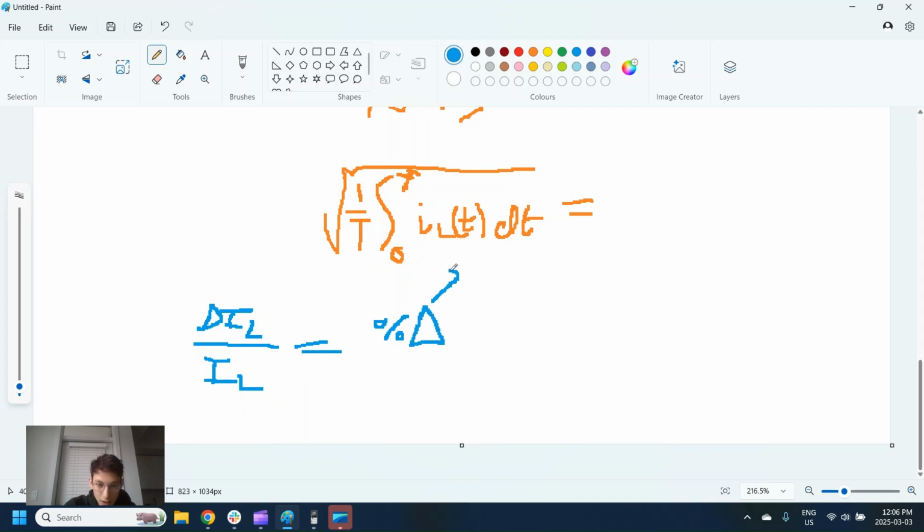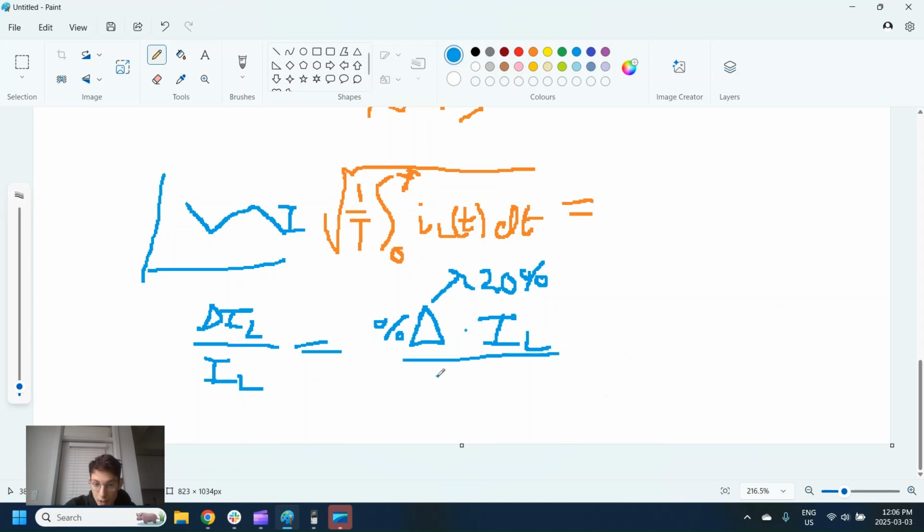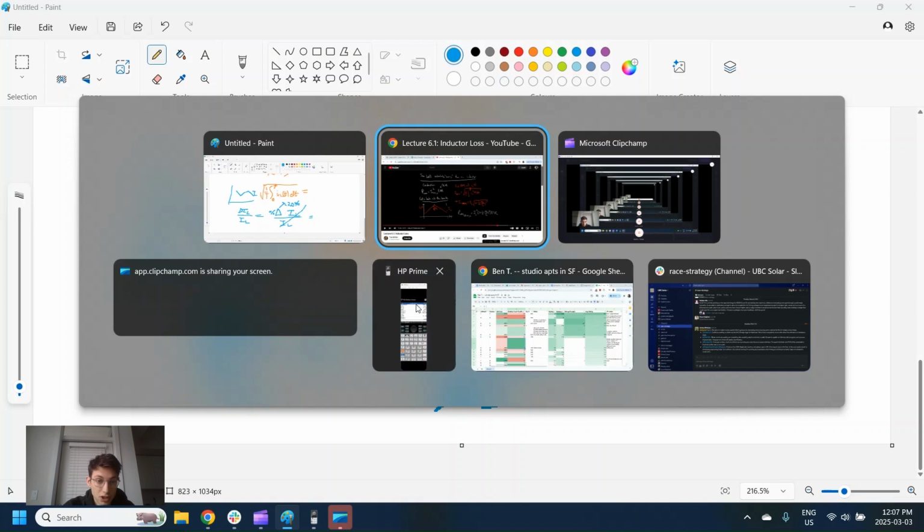So this is going to be like 20% in our example, times our current. So our change in current, this is like our magnitude, our actual magnitude between the top and the bottom here. So it's our percent change times whatever our actual current is, divided by our actual current. And you can see these cancel. So this just becomes our IL ripple, is what I've actually called it in the sheet.